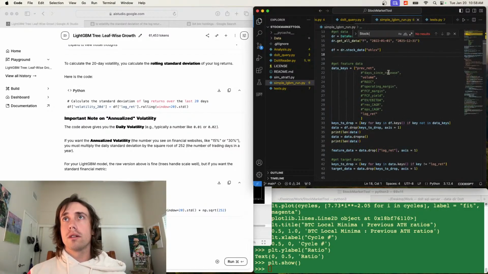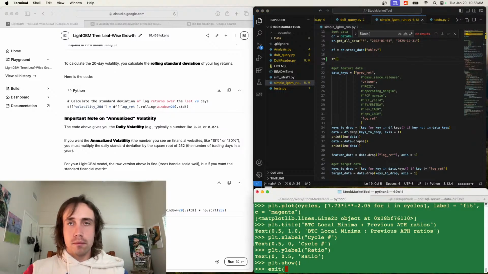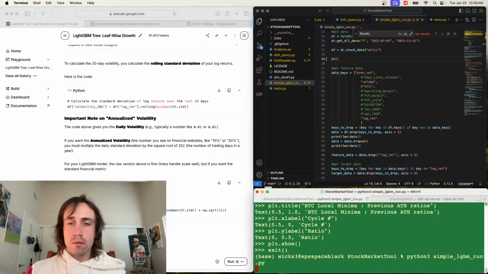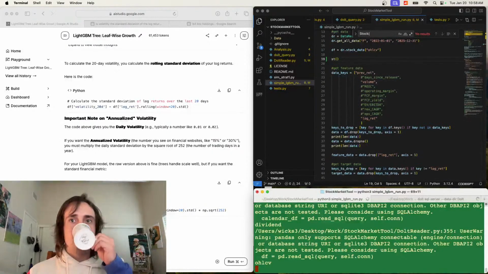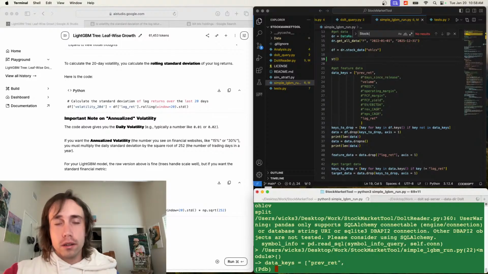Okay, now if we go into here, let's put the debugger right here. Let's look at df.keys.